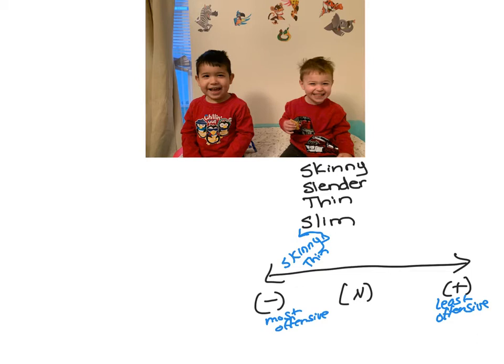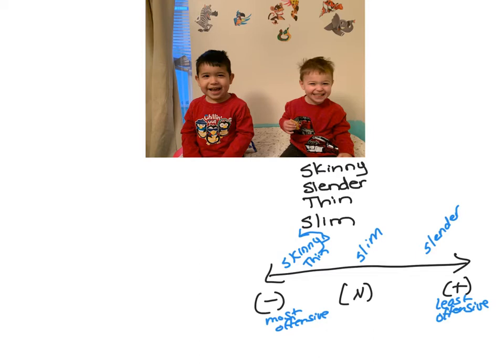But now, slim and slender. I would almost put slim under neutral because it's like, okay, so he's slim. There's no positive or negative to that. It's like, whatever. But now slender, I would have put under the least offensive because when I see slender, it's like, okay, I'm feeding him. He's just, his body type, he's just a tiny kid. His bone structure is more petite.